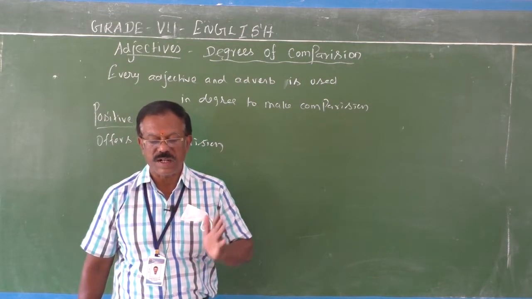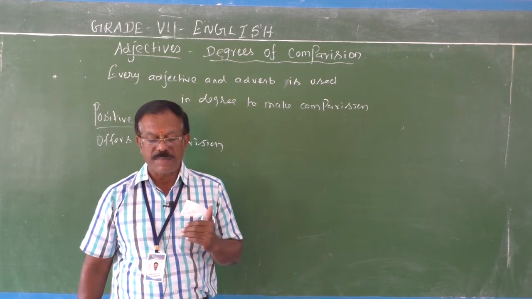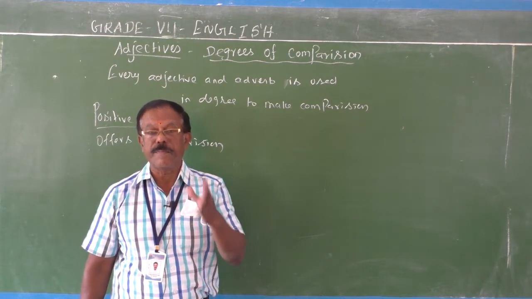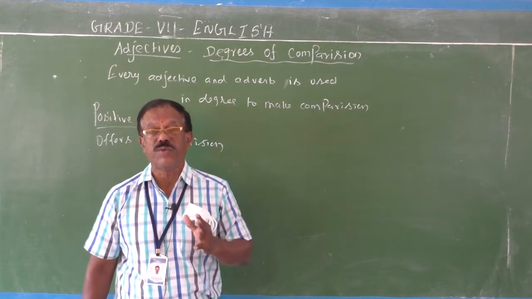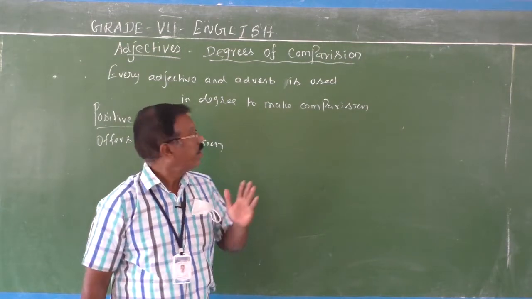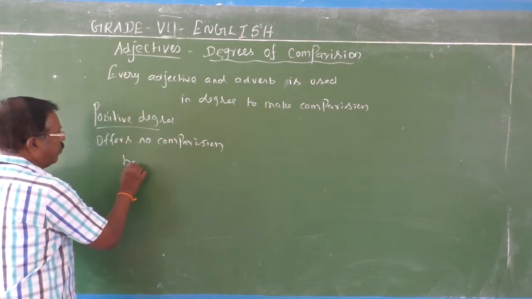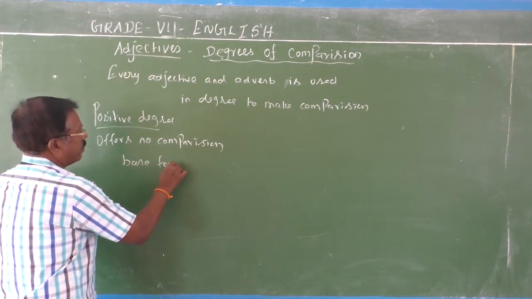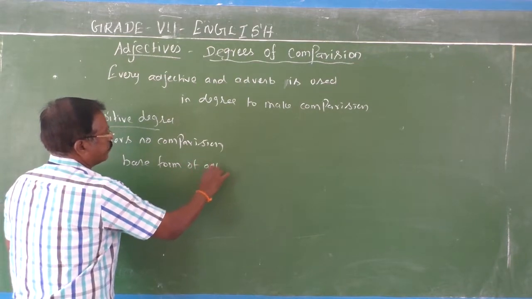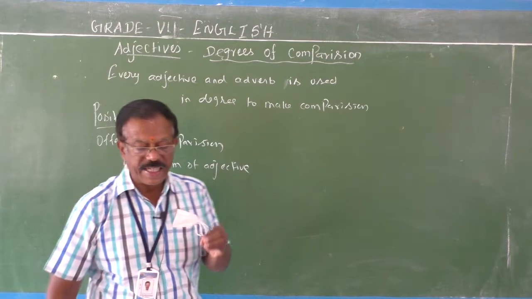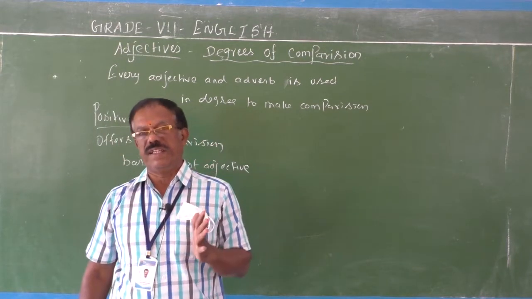It just tells us about the existence of a quality. It is the base form of adjective. So positive degree is the base form of adjective.